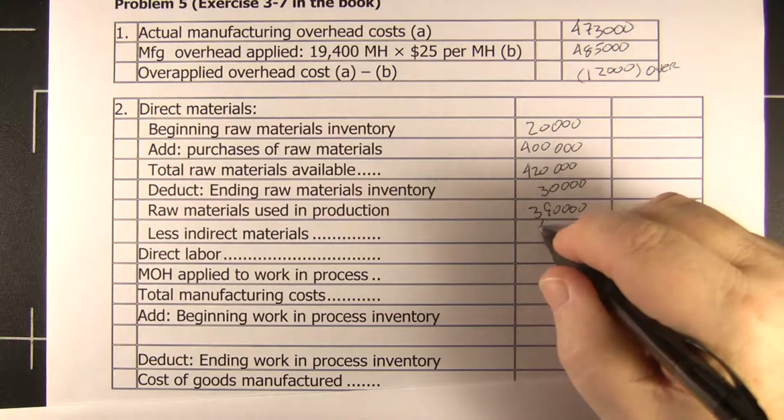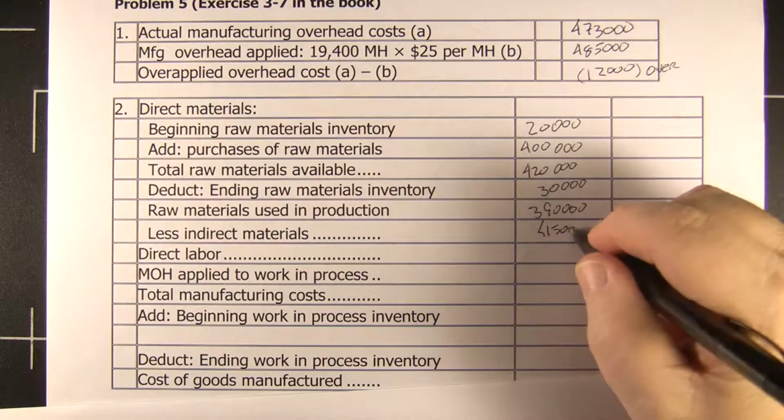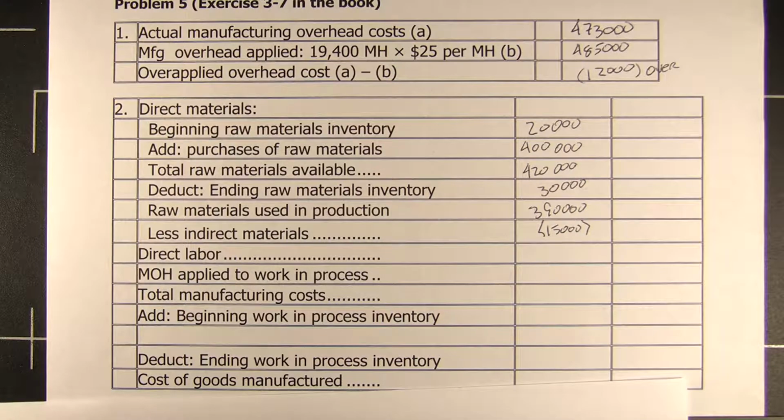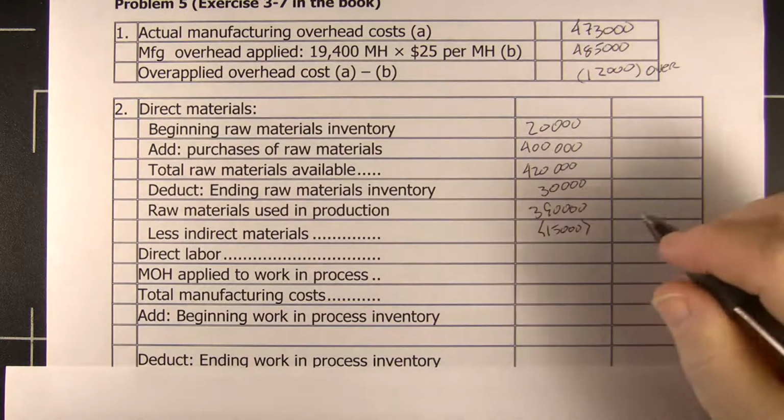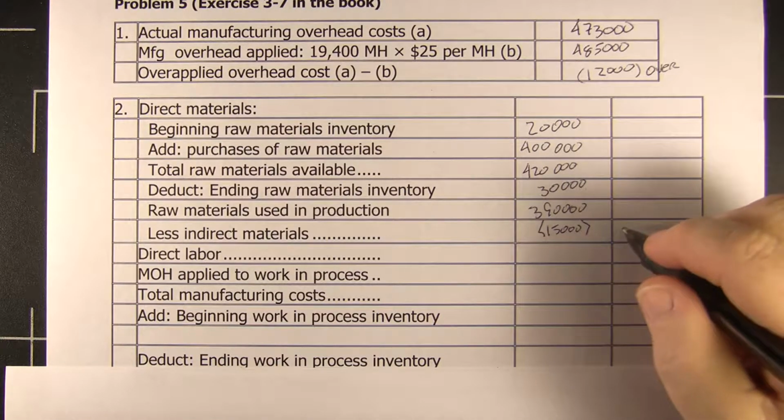So we need to subtract that from the raw materials used in production, or we'd be counting it twice. We'd be counting it once when we put it in work in process, then we would be counting it a second time when we applied it as overhead. So we subtract it out of production, put it in piece by piece with overhead. So that brings this down to 375,000.